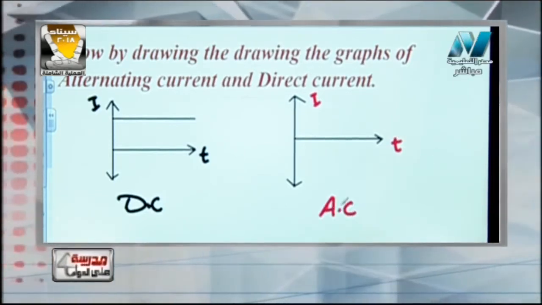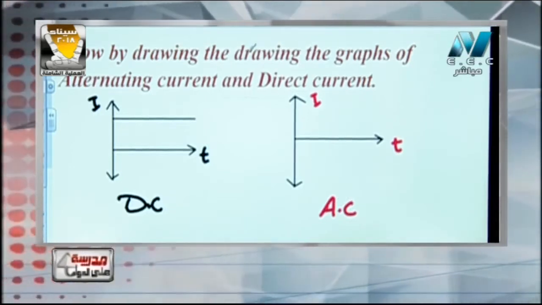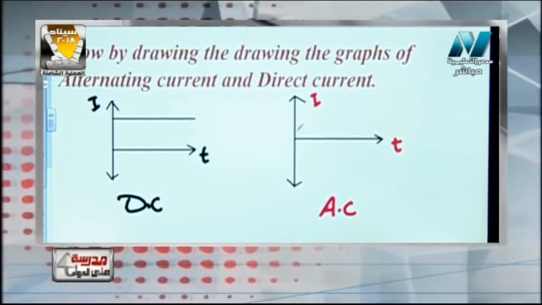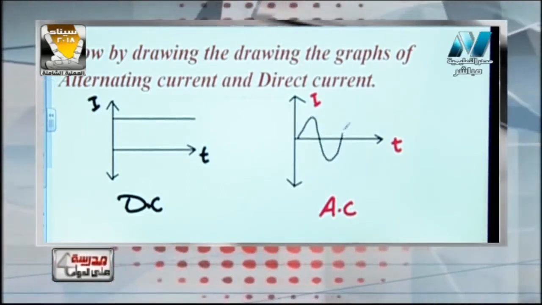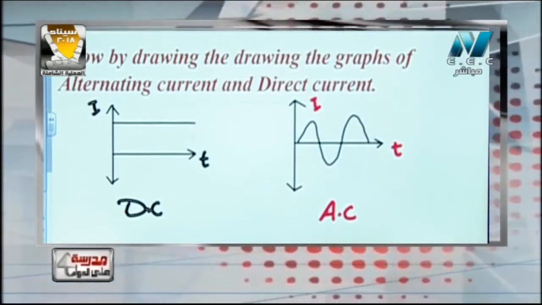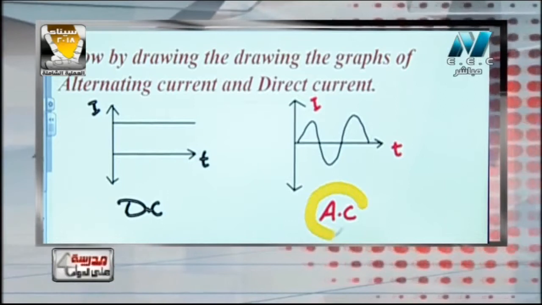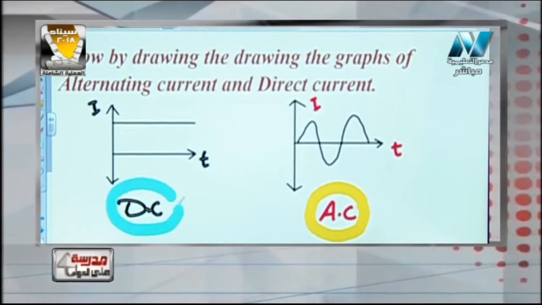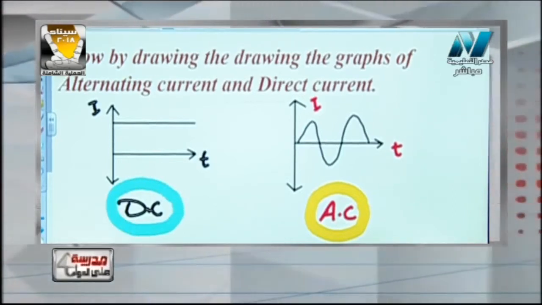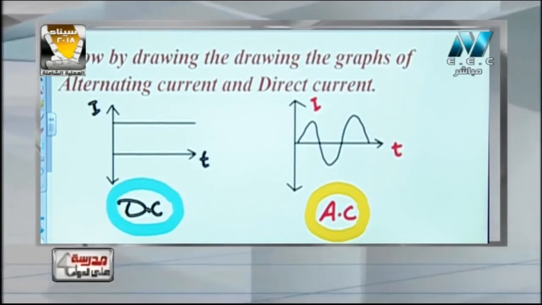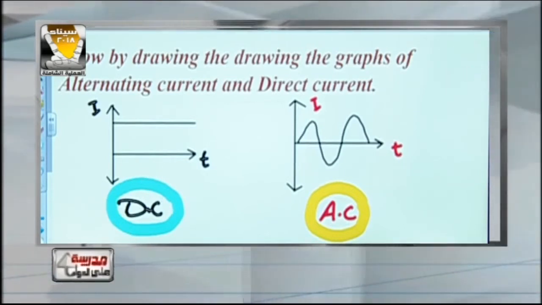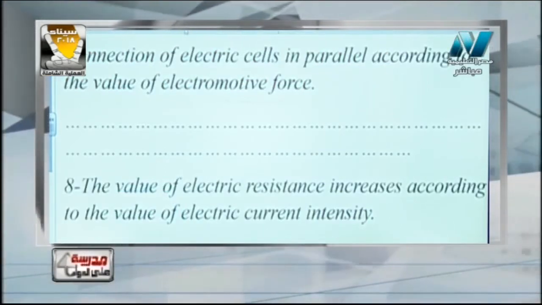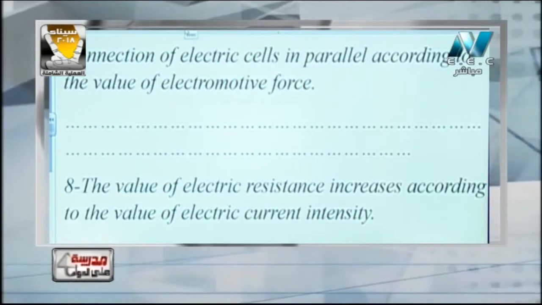So here we can represent the relation between electric current intensity and time as a curved line or zigzag, as waves like that. Why? Because alternating current has variable intensity and direction, while the direct current has constant intensity and direction. So this is how we can represent the relation between each one of them by drawing a graph for alternating and direct current.